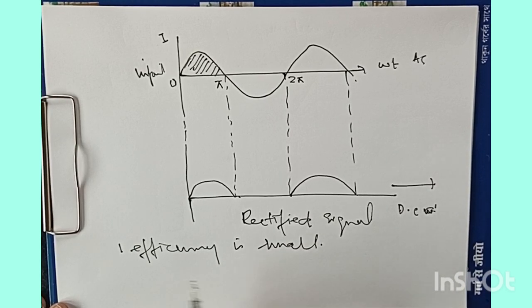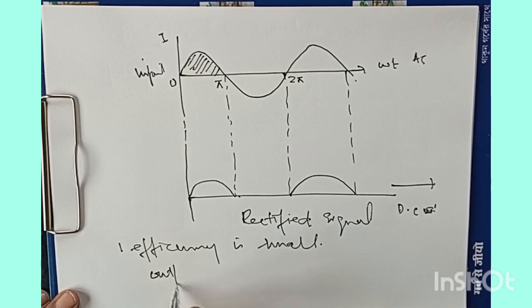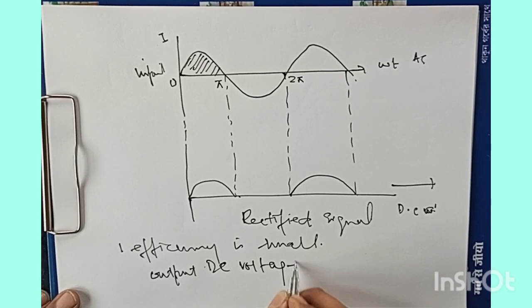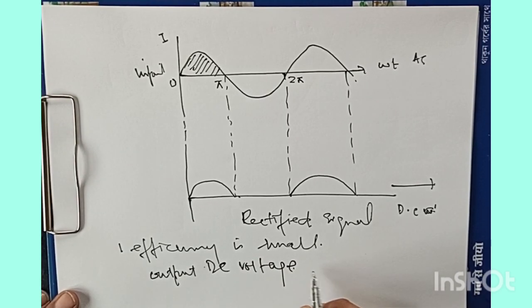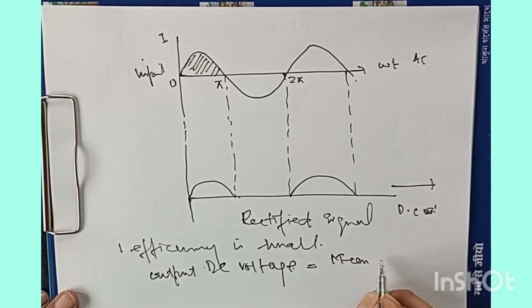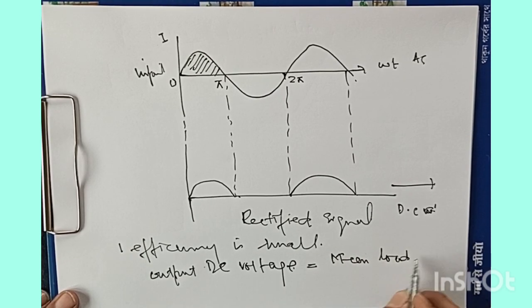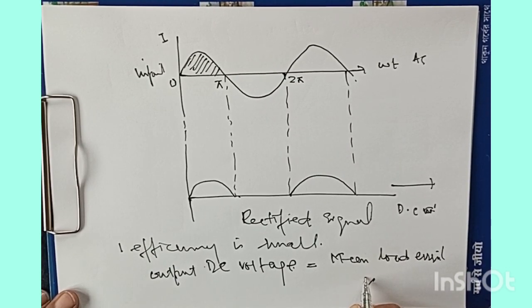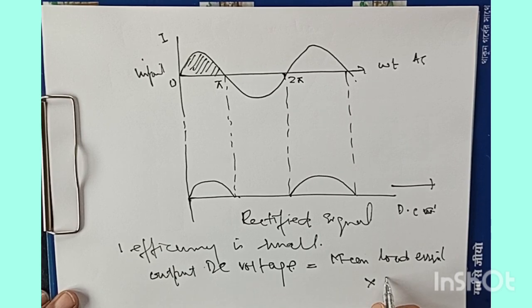Now, if I have to write the output DC voltage of this half wave rectifier, that voltage is defined as the product of mean load current times RL.